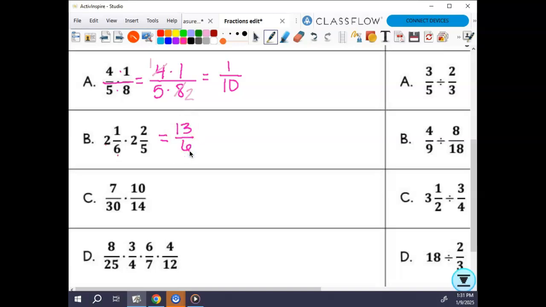Okay? 2 times 5 is 10, plus 2 is 12 over 5. Did I hear a huh? Okay. Where do we get what from? 2 times 6 is 12, and then plus 1 is 13. Okay, that's where I got it. We good?